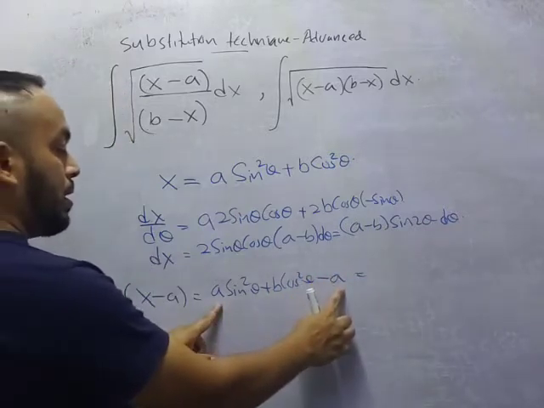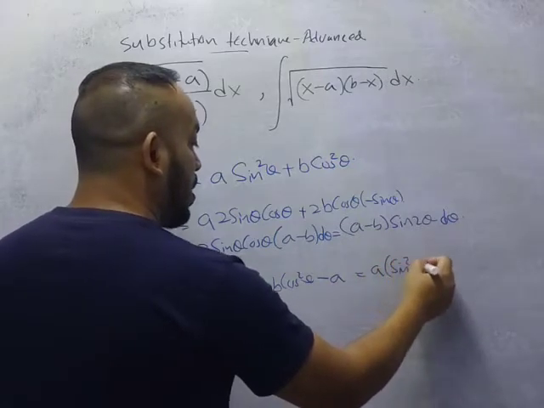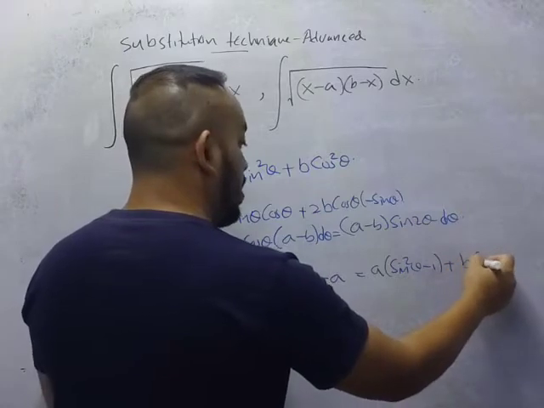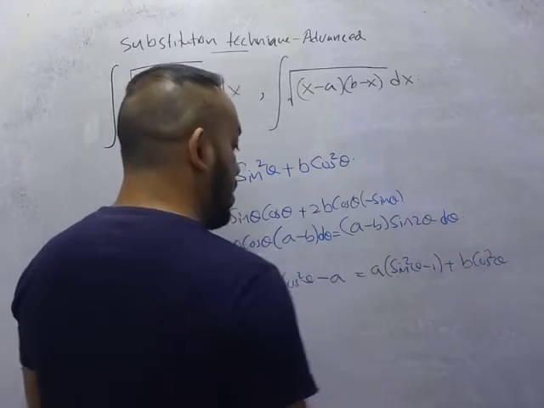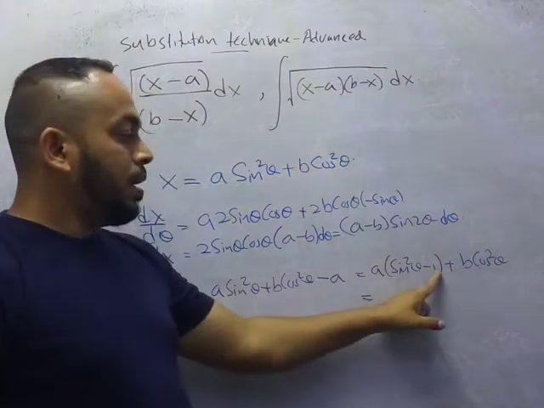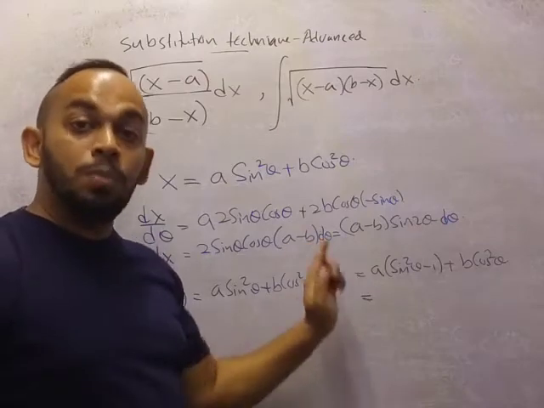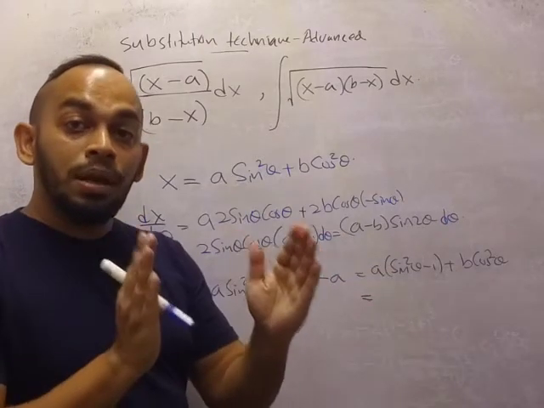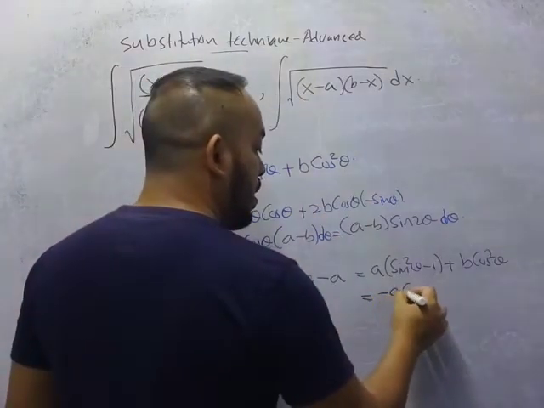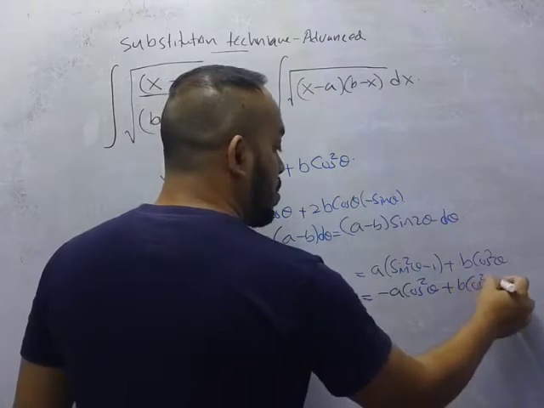So when I combine these two, I get a sine square theta minus 1 plus b cos square theta. So what is sine square theta minus 1? If I factor out a minus 1, it becomes 1 minus sine square theta. 1 minus sine square theta means cos square theta. This will be minus a cos square theta plus b cos square theta.